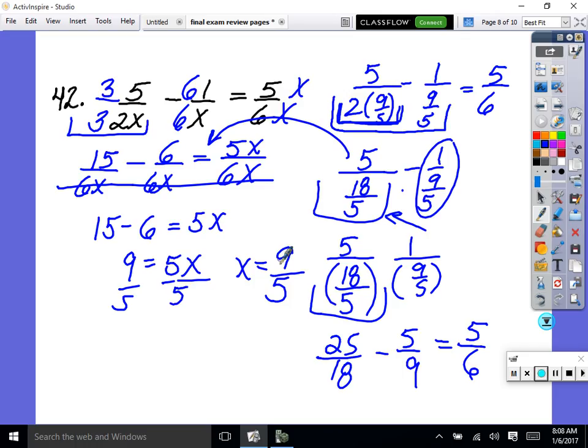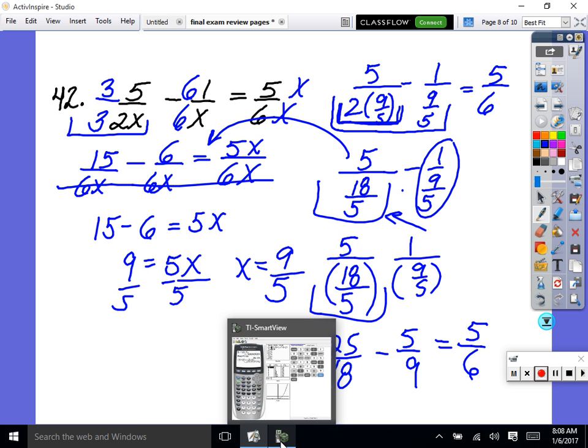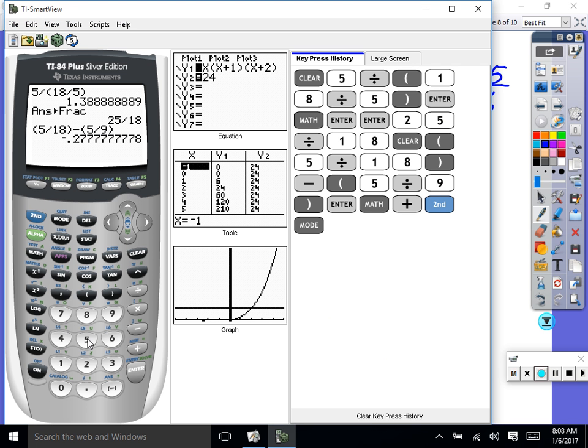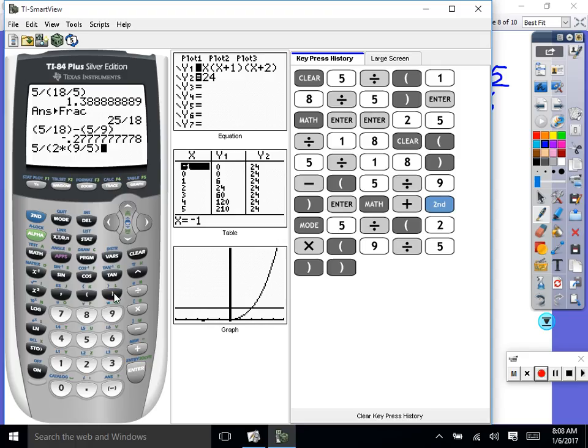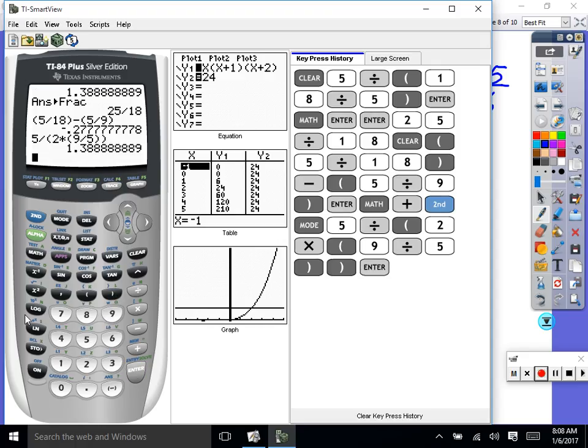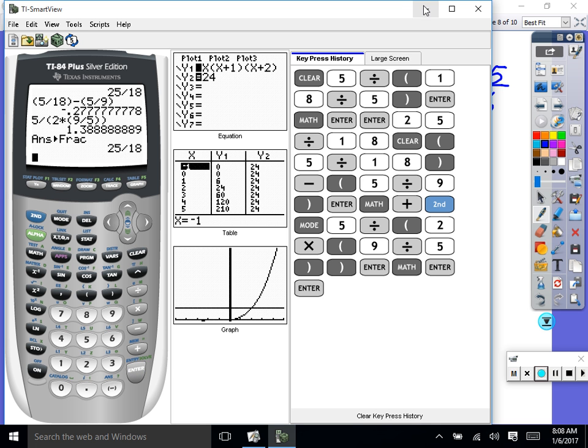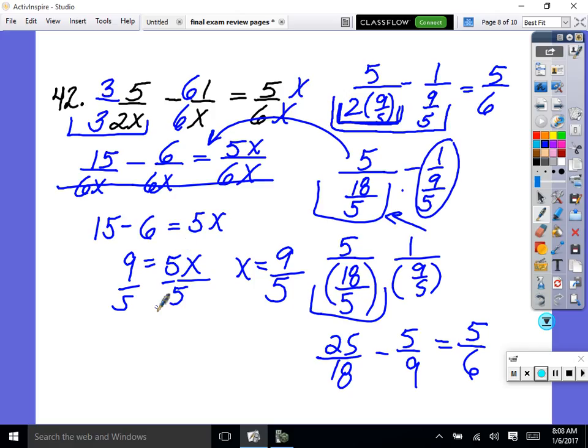We're plugging in. We got 9/5. 2 times 9/5. Let's see. 5 divided by 2 times 9 fifths, close, close. 25/18. No, we did that right. Did I solve wrong? Let me look at my paper. Oh, that's good.